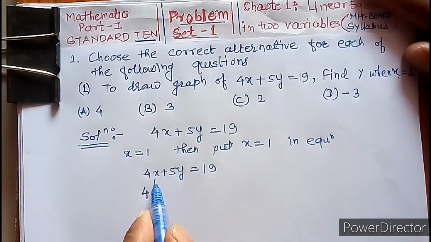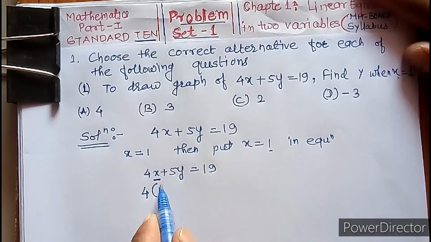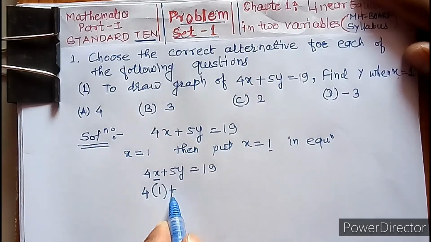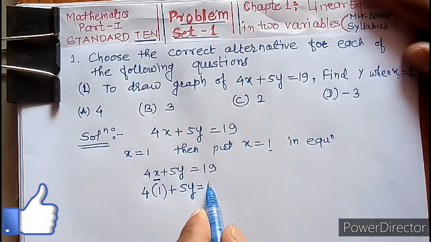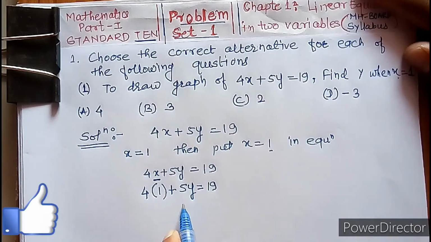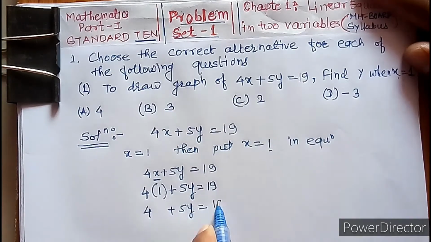Write down 4 as it is. Now here the value of x is 1, that's why put 1 instead of x, plus remains as it is. Now here 5y also as it is equals to 19. Now here 4 into 1 it will be 4 plus 5y as it is equals to 19.